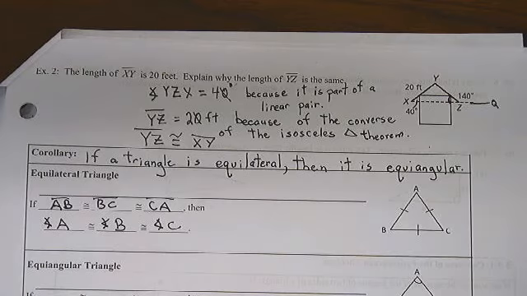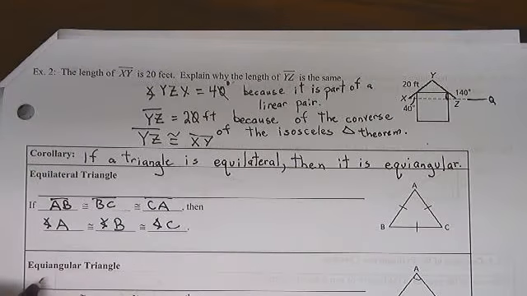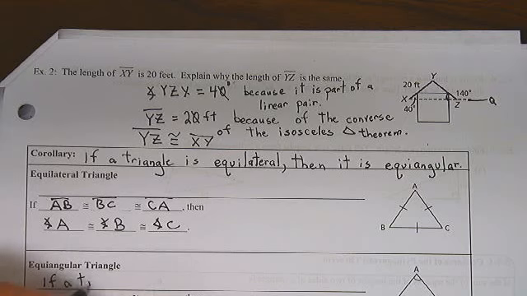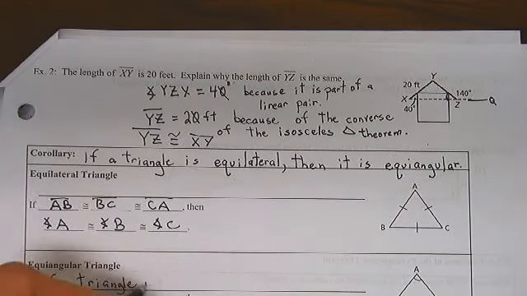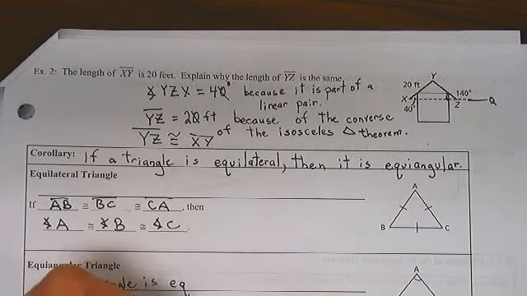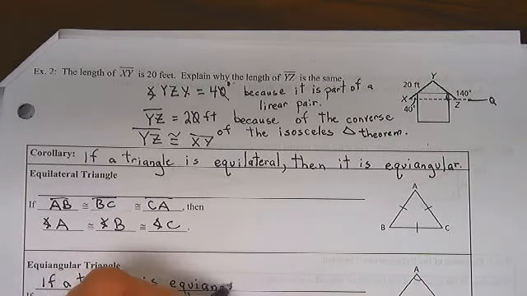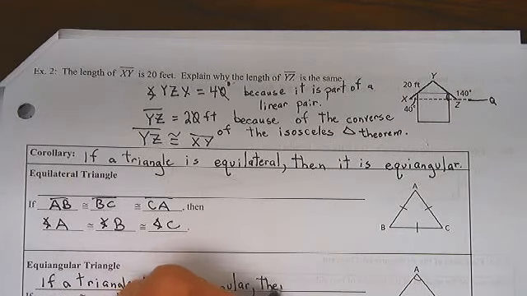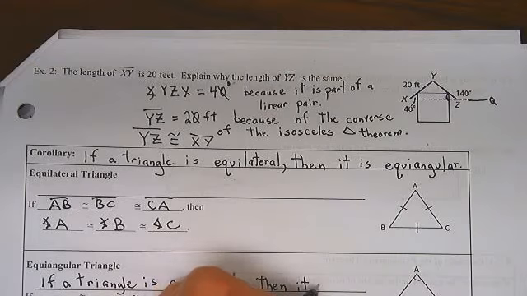And again, if a triangle is equiangular, then it is equilateral.